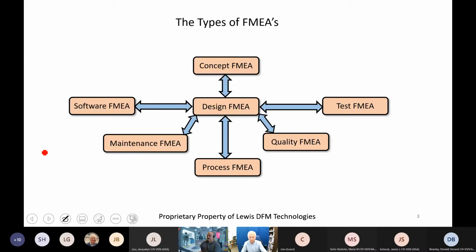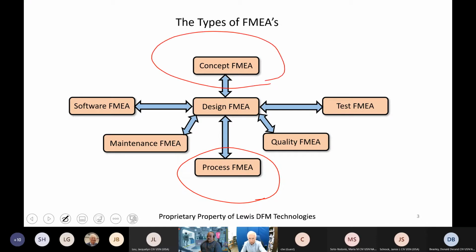Types of FMEAs. You can see right here that we're talking about process FMEAs, but it's not the only kind of FMEA. We do FMEAs at a concept level. We even do them at a design level. And what we're doing today is a process-related FMEA, which is down here. Now you can see there are other FMEAs.